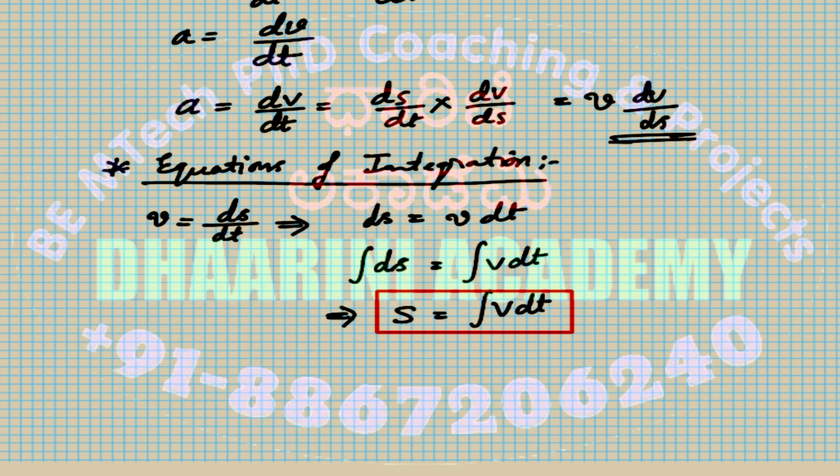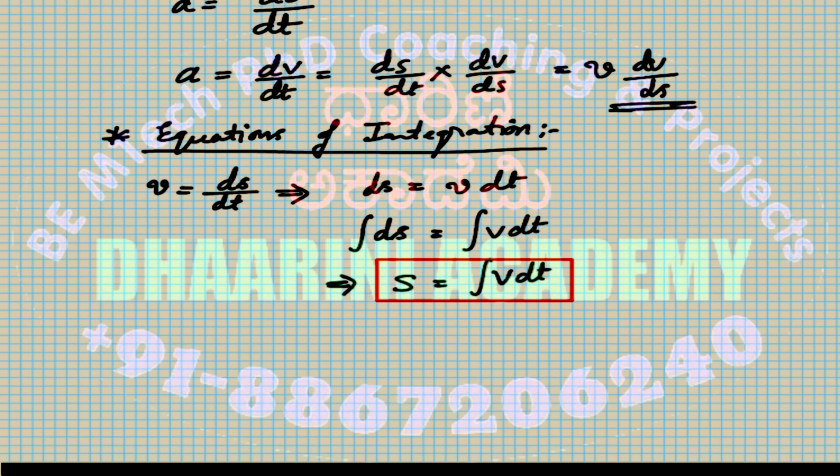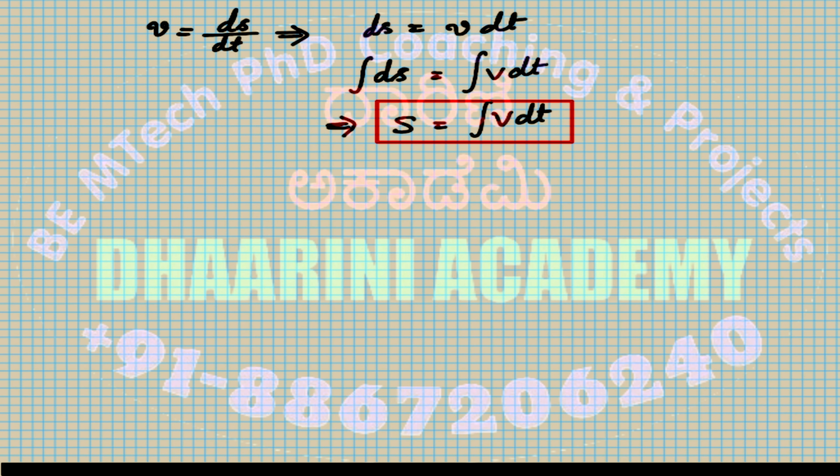Okay, let's move to the next equation. The second equation, in terms of integration, we obtain starting from the equation of acceleration. So acceleration a is equal to dv by dt. Okay, so this implies dv is equal to a times dt, take integral on both sides.